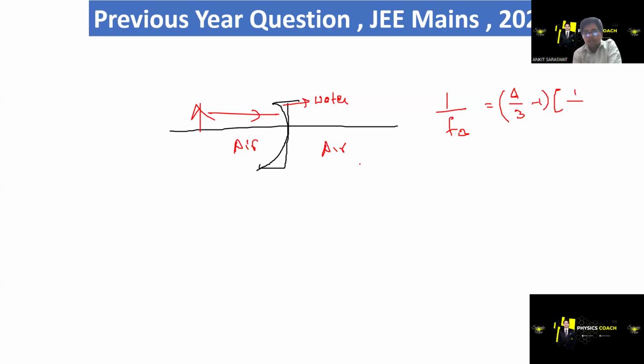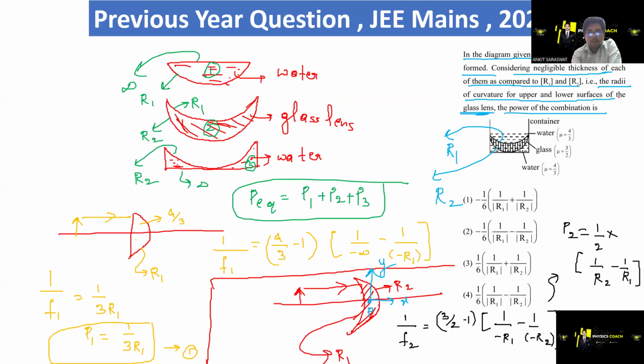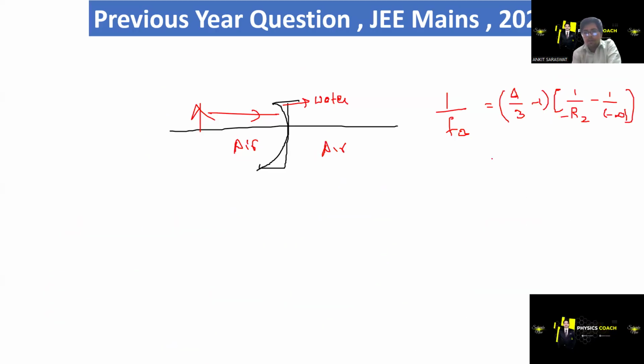Okay. R1 is actually minus, 1 upon minus 1. Okay. Clear? So power P3 will be what? Minus 1 upon 3R. So we will add all the powers, the equivalent power, P1 plus P2 plus P3.